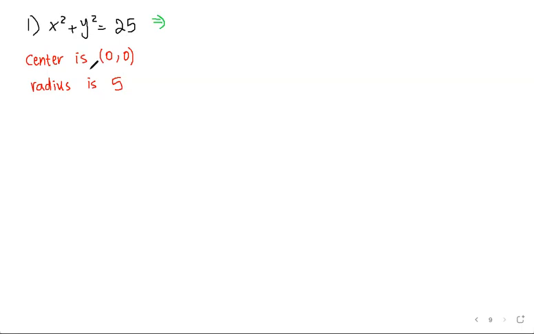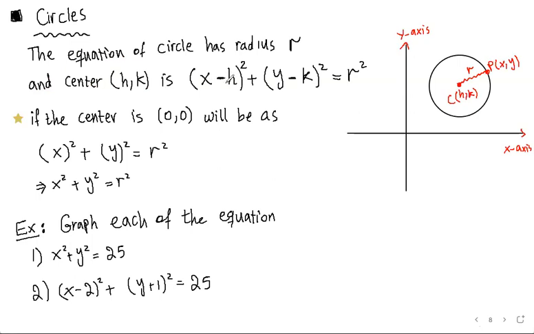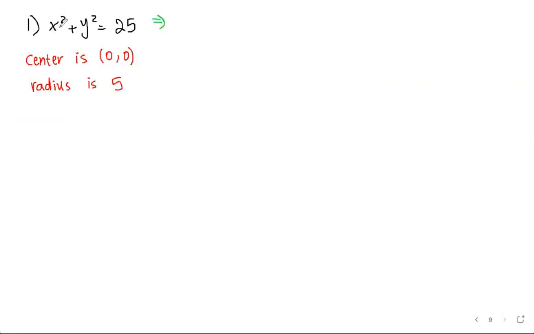If we go back to the circle equation, x minus h square plus y minus k square equal radius square, I can write this again in a different way as x minus 0, everything square, plus y minus 0, everything square, equal 5 square.